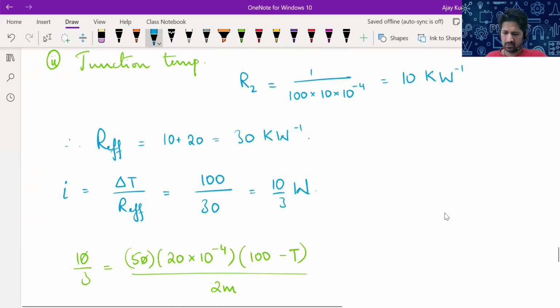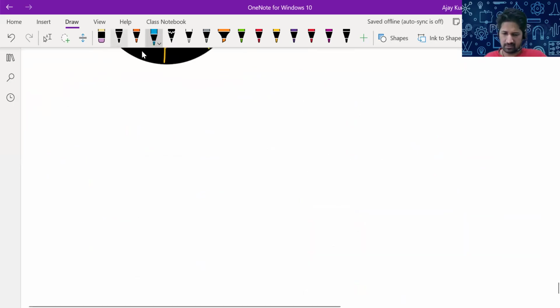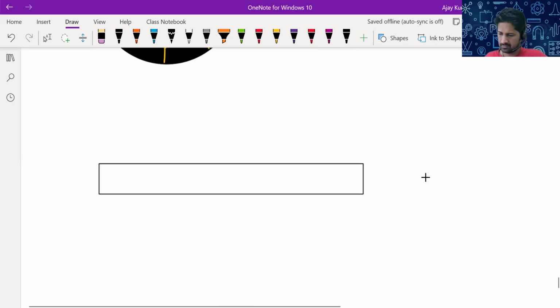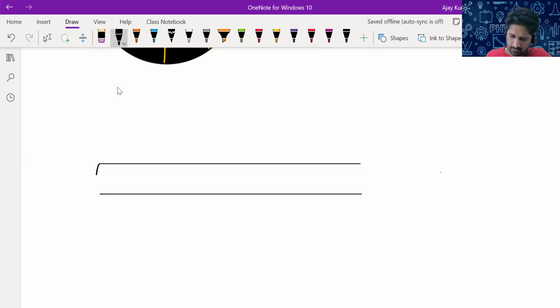Okay. See, if you consider a rod or a cylinder, let me quickly draw one here. Let's say this end is at one temperature, the other end is at another temperature. Heat flow will be taking place.